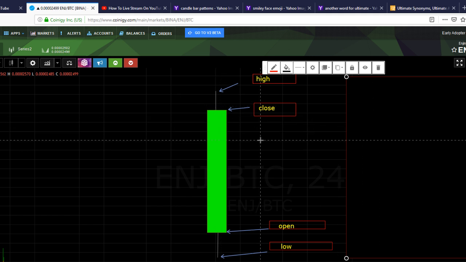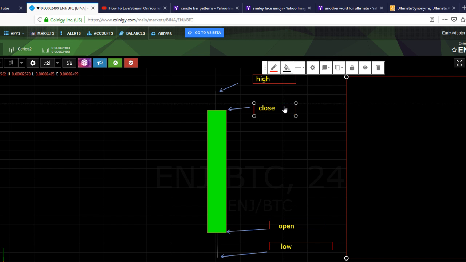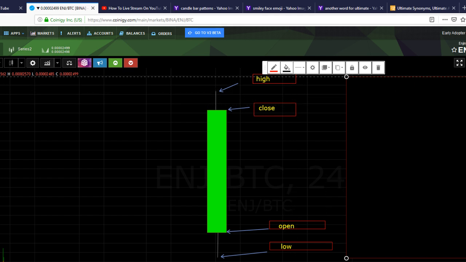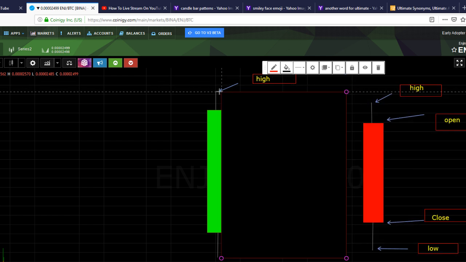Okay, so this is a bullish candle, as you can see, and this is just signifying that price action has been green. We are seeing money flowing into the market right now. Now the red candle, what I'm about to show you, is just slightly different than this one.